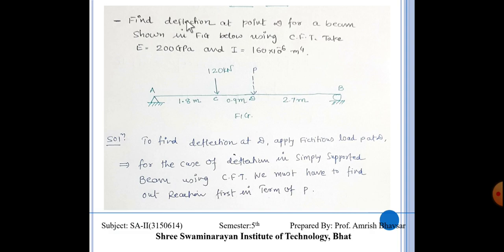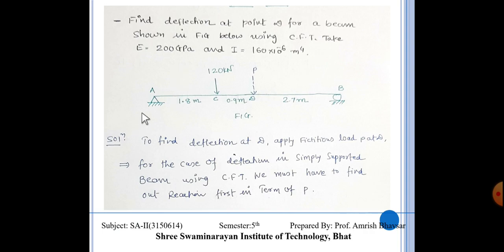First, find the deflection at point D for the beam shown in the figure below using Castigliano's first theorem. Take E equal to 200 GPa and I equal to 160 into 10 raised to minus 6 meter raised to 4.